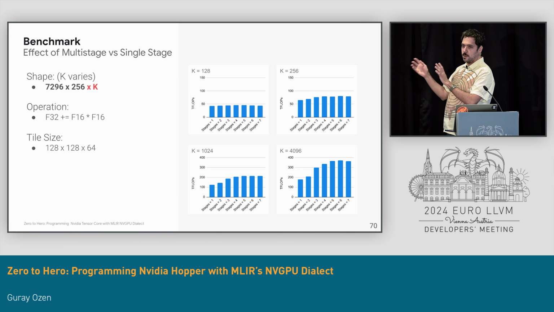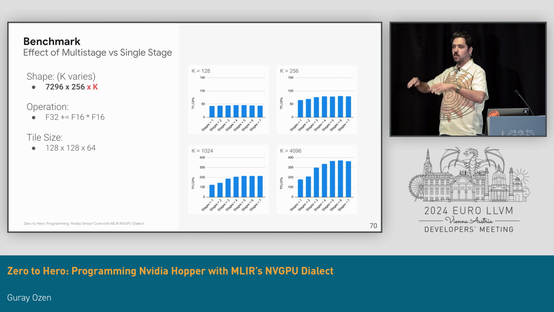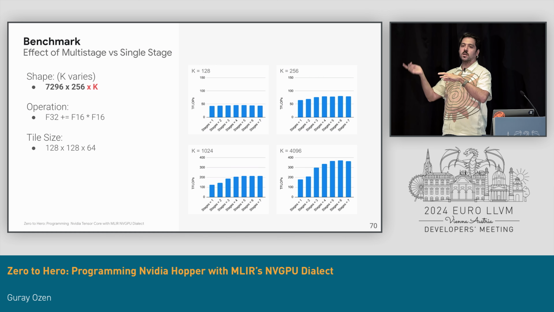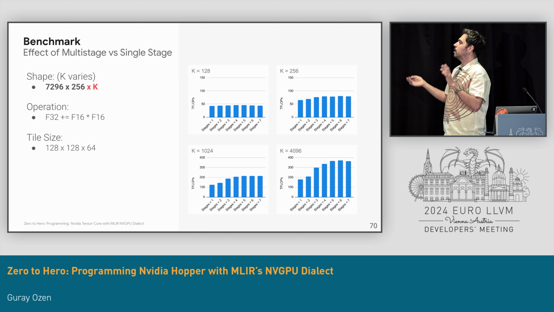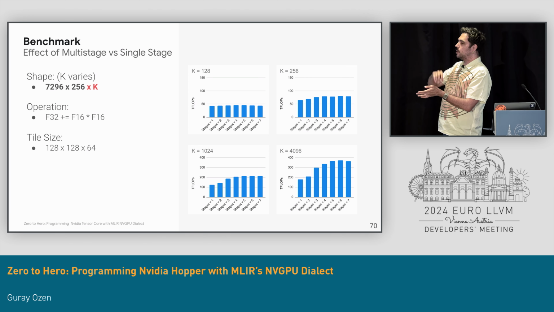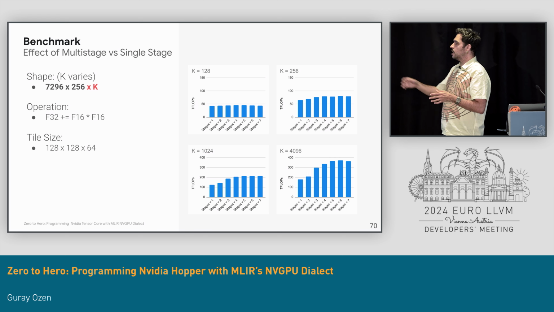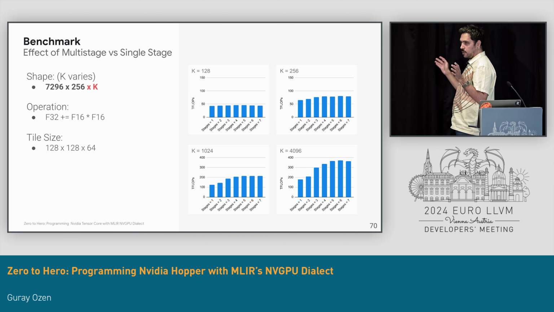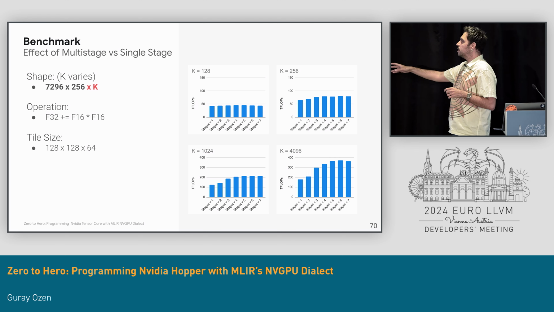Why is K different? Remember, main loop. When you have more K, you have more main loops, so you can understand the importance of using multi-stage. And we are doing the same operation, F16, accumulating in F32. And the tile size is the same, 128 by 128 by 64. Everything is the same.